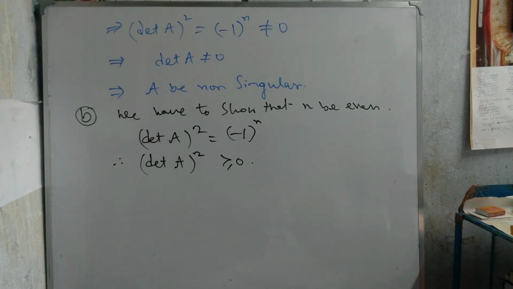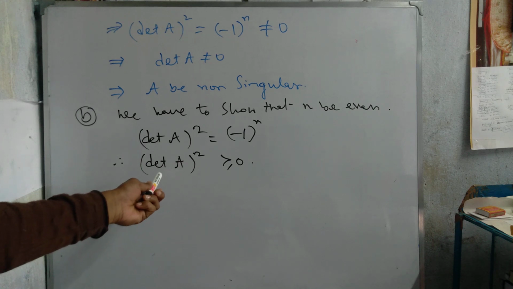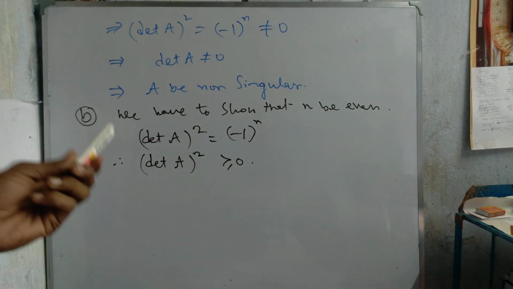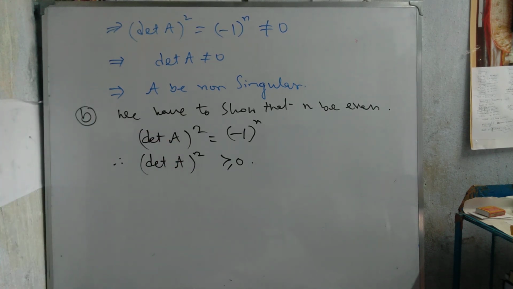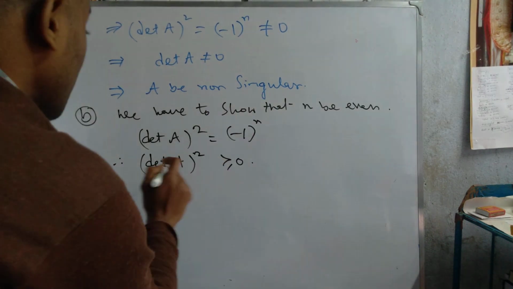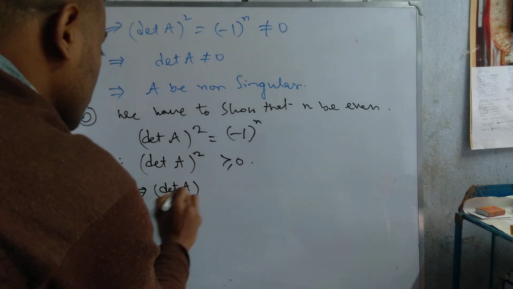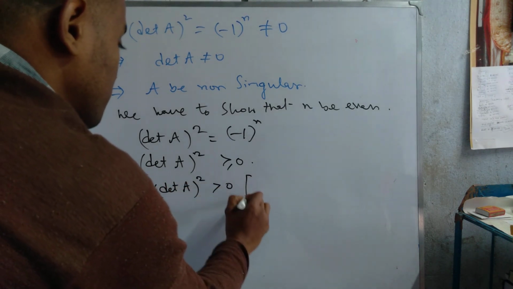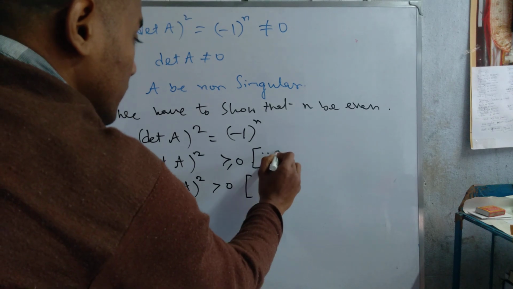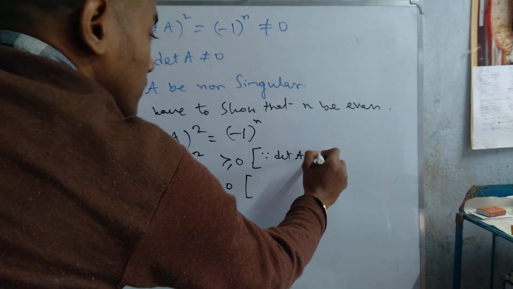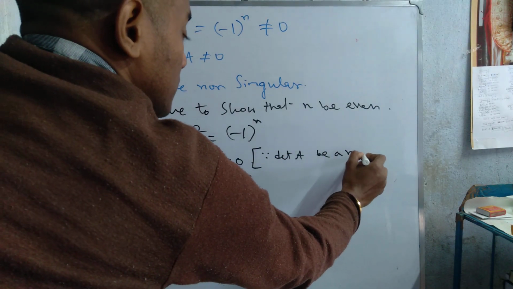Because det A is a real valued function; det A gives some real number, and a real number squared is obviously greater than or equal to 0. Here we know that det A not equal to 0, so det A square is obviously greater than 0.